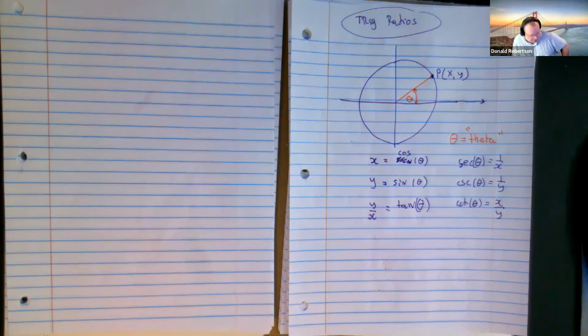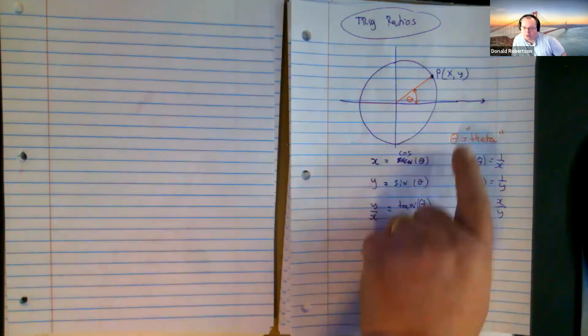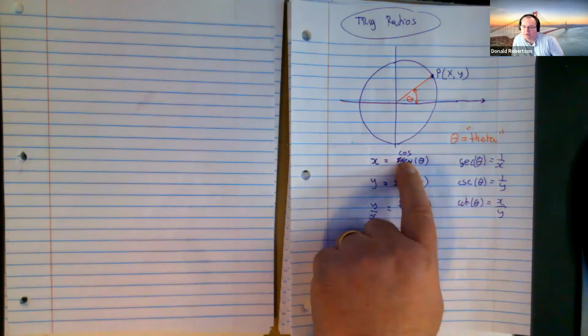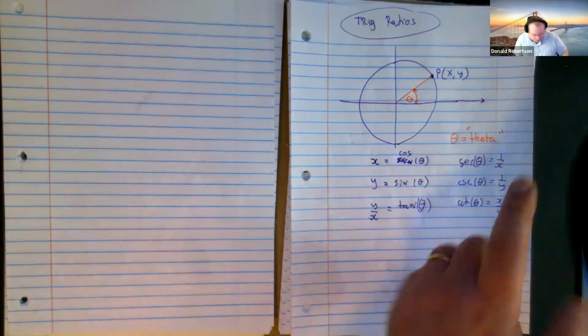So the trig ratios that you may have heard, like the sine function and the cosine function and so on, all of those trig ratios can be found in a unit circle. So if I know the terminal point, the X coordinate will tell me the cosine, the Y coordinate will tell me the sine, and these are the others.